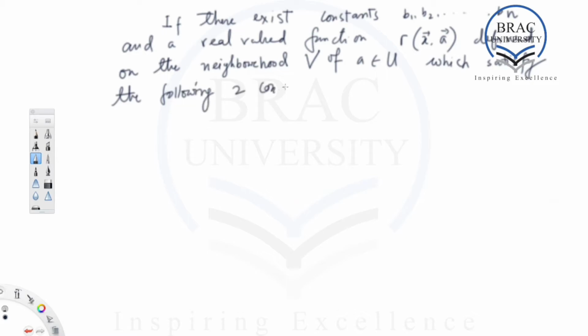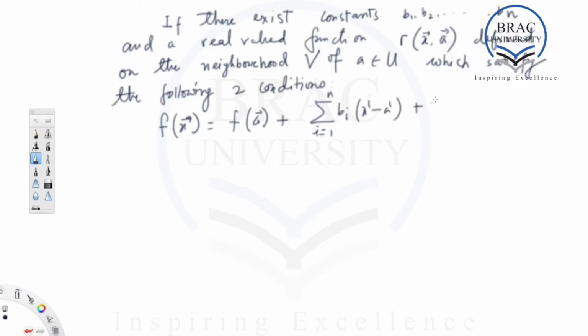The first condition being f(x) is equal to f(a) plus this homogeneous linear expression, the sum of bi times (xi minus ai), plus the norm of vector x minus vector a times the remainder R.